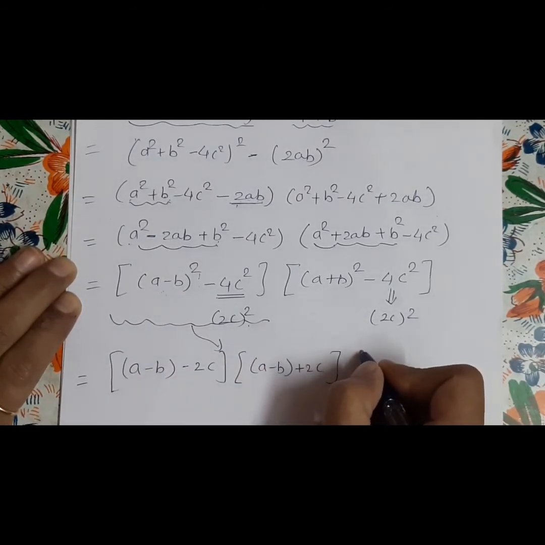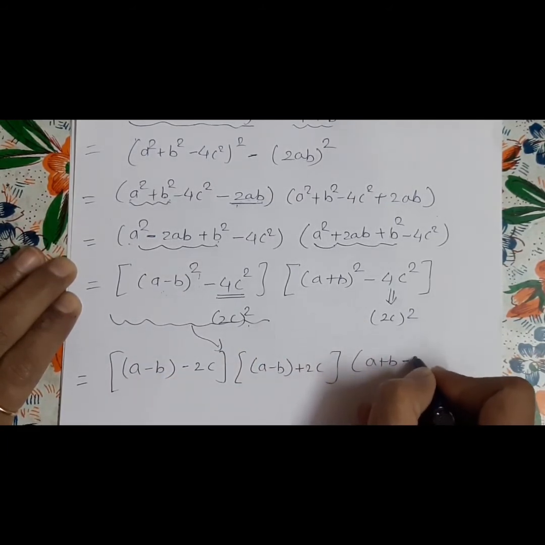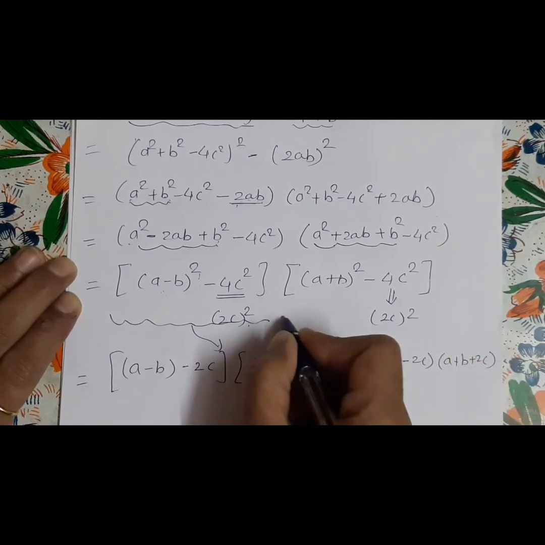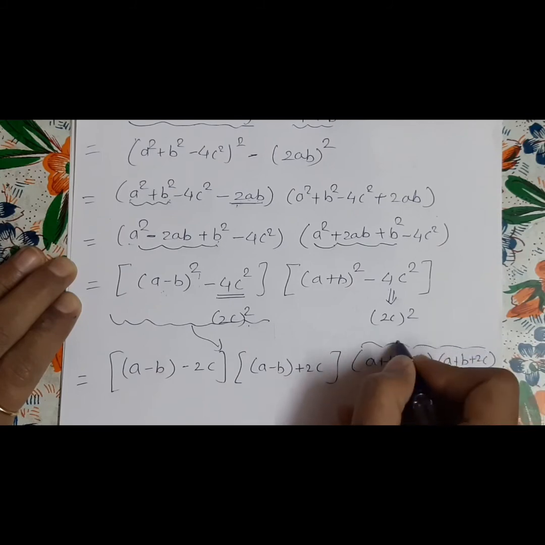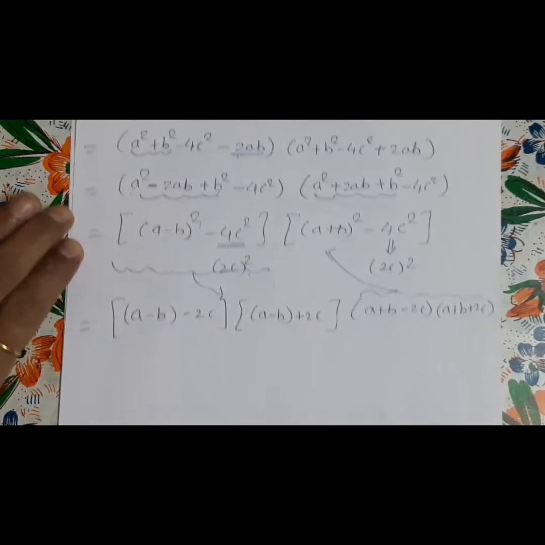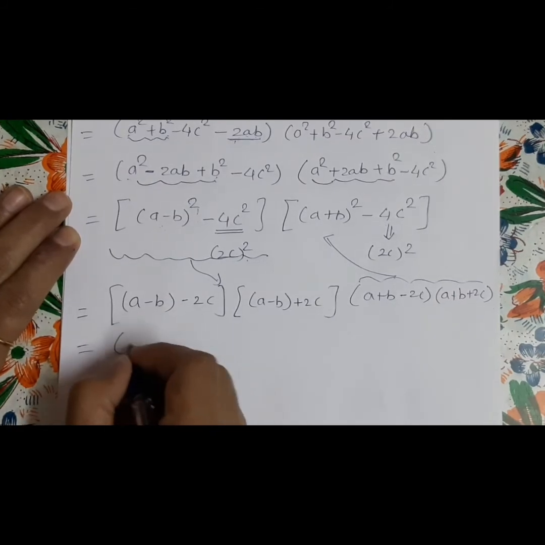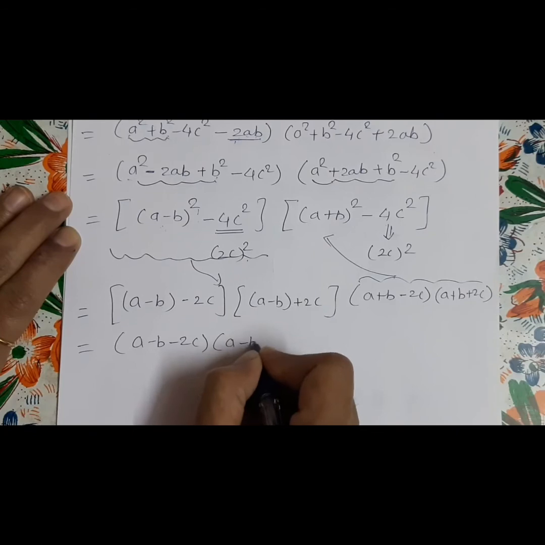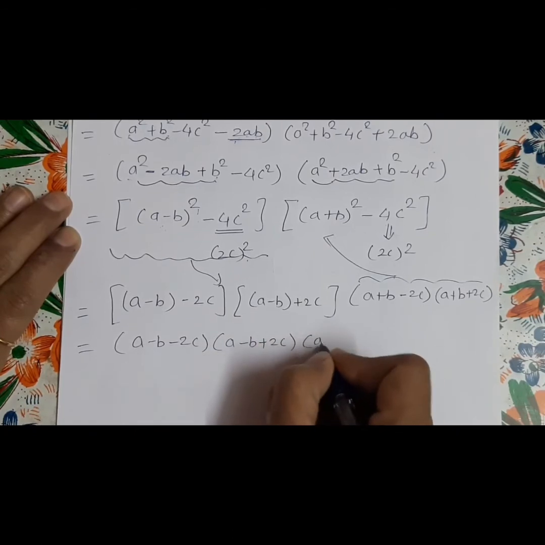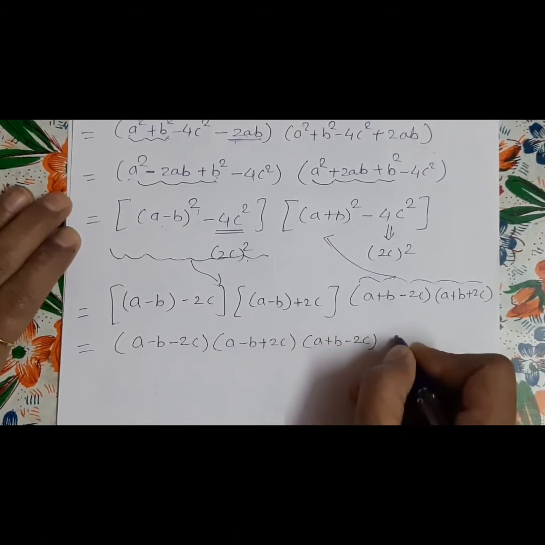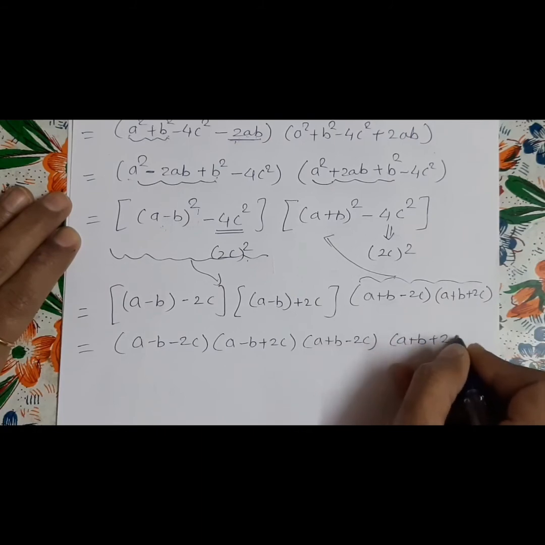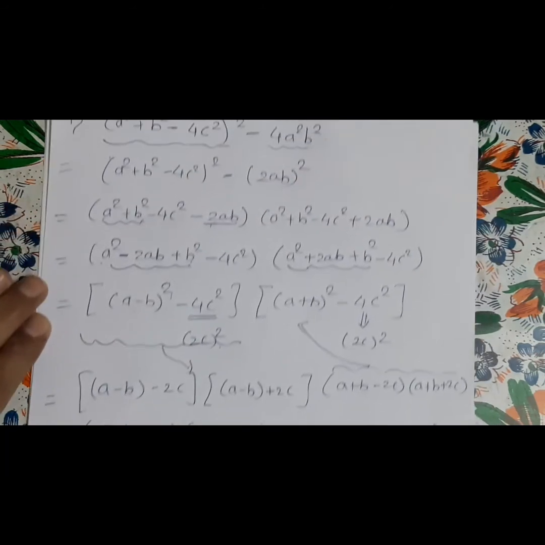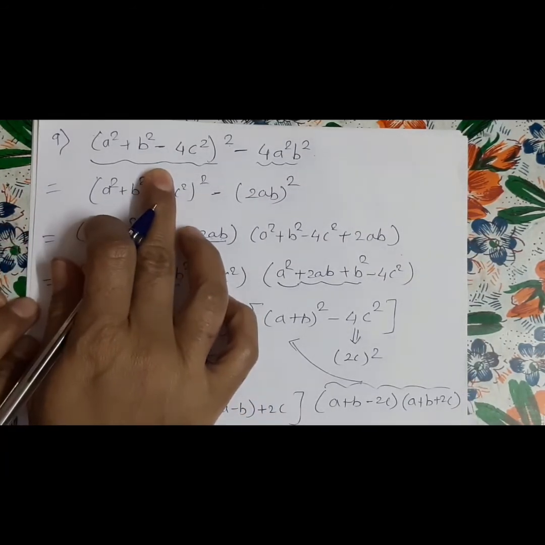Now for this we can write a plus b minus 2c into a plus b plus 2c. So these two terms are related to this. Okay, so now just write a minus b minus 2c into a minus b plus 2c into a plus b minus 2c into a plus b plus 2c. Thus these are the four factors of the given algebraic expression.